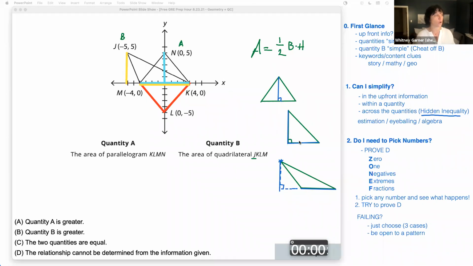I didn't have to sort out the areas of all the pieces or come up with the formula, because I was able to show that with area equals base times height, if they have the same base and the same height, our areas are the same. So we're often looking for these scenarios.